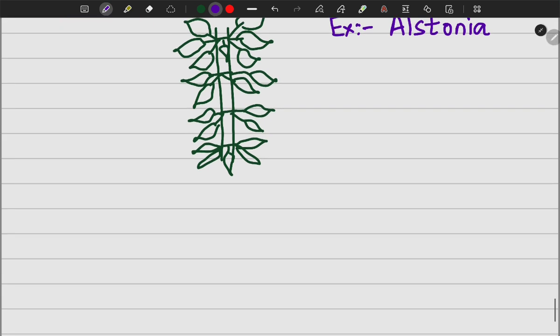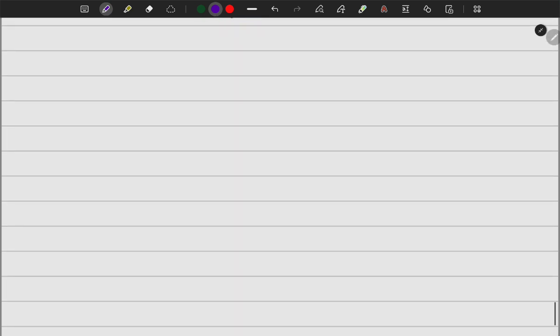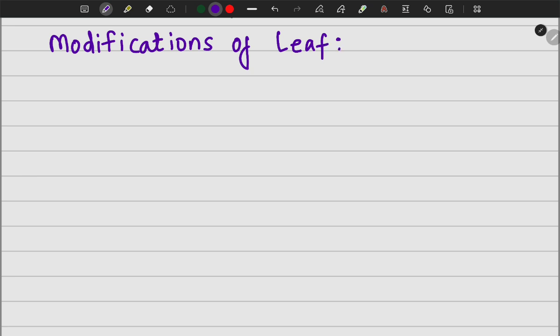Now let us move on to the modifications of leaves. So we all know that the main function of leaf is to carry out photosynthesis.